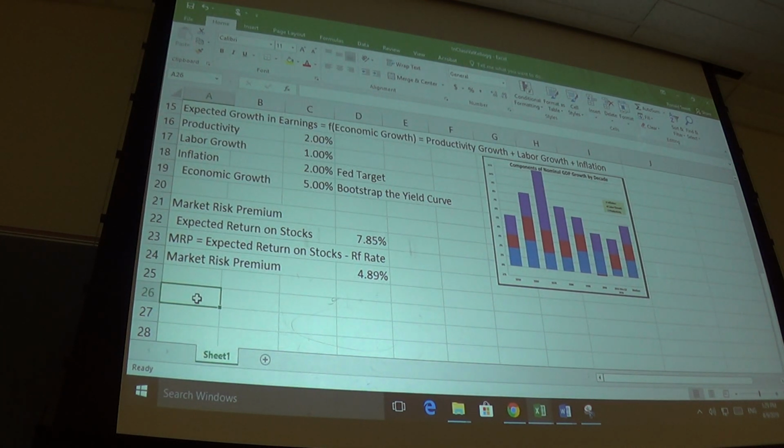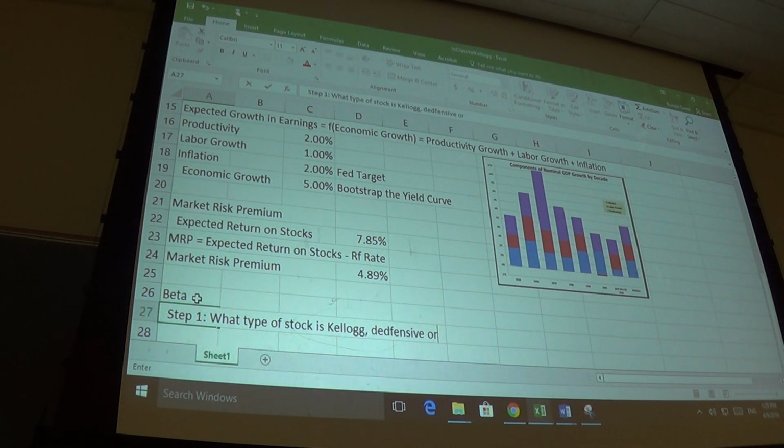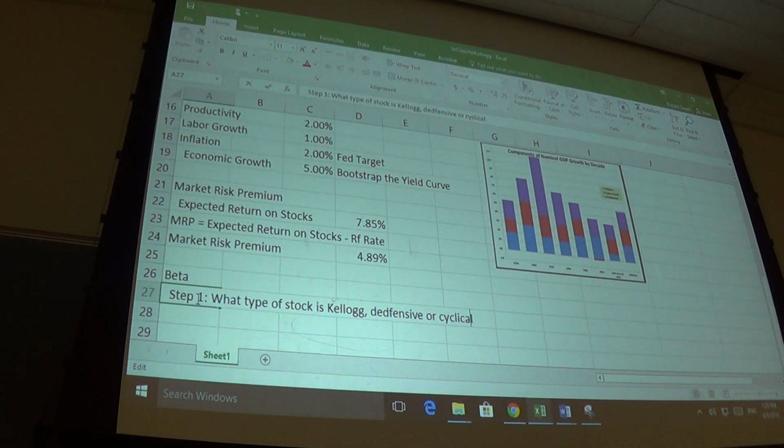So what do we have left? We have beta. Well, we've already done beta, right? We've been practicing that. What 4-step process, what we do for beta. We got to decide what type of stock is Kellogg. Defensive or cyclical? Is that a difficult one? Anybody want to debate and argue Kellogg's is a cyclical company?